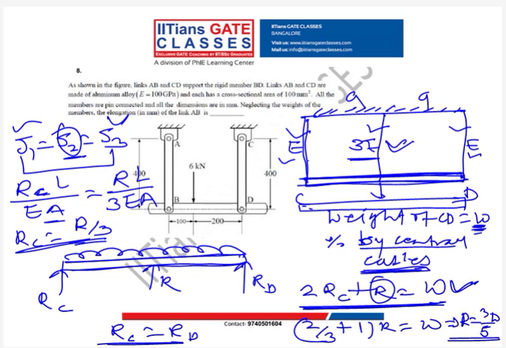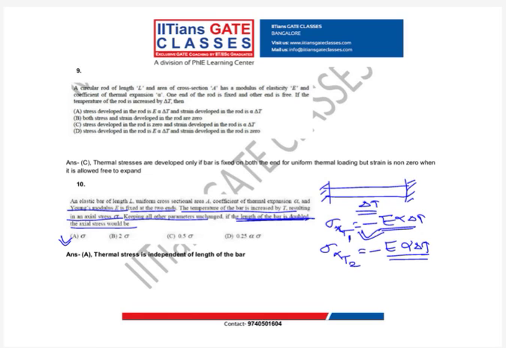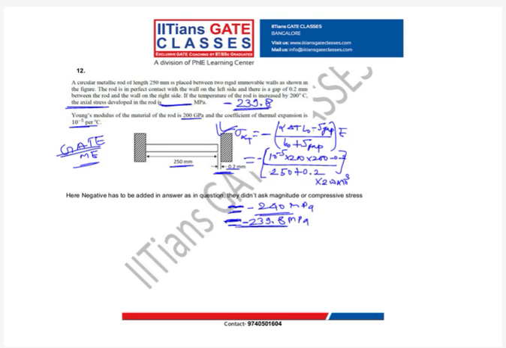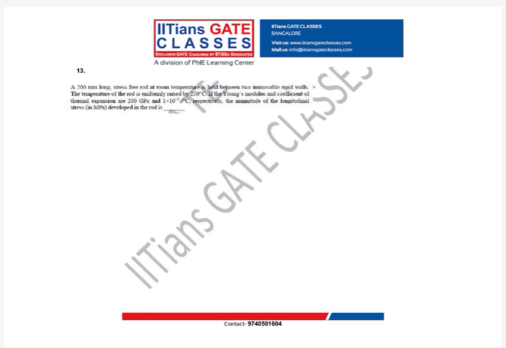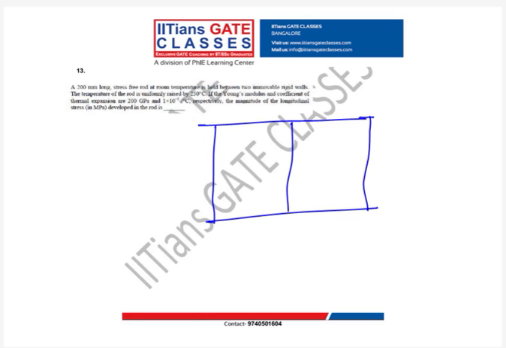Anyone? Do I need to explain again? Okay, again I'll write the problem here. What is the problem? You have 3 identical cables. 3 identical cables means the lengths are the same, the areas are the same, but your E value is different.